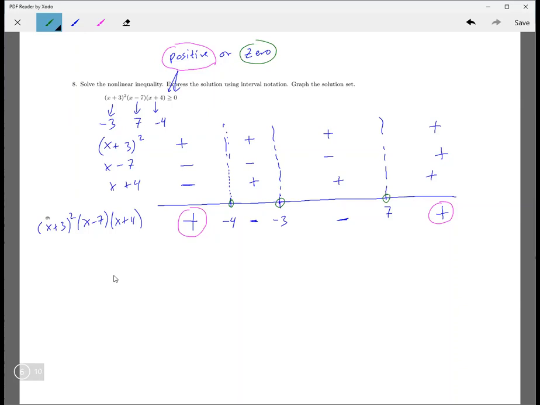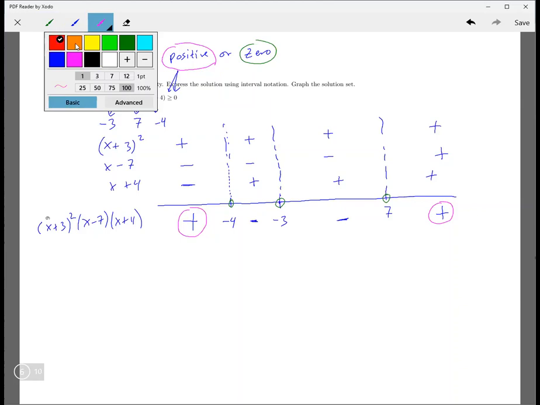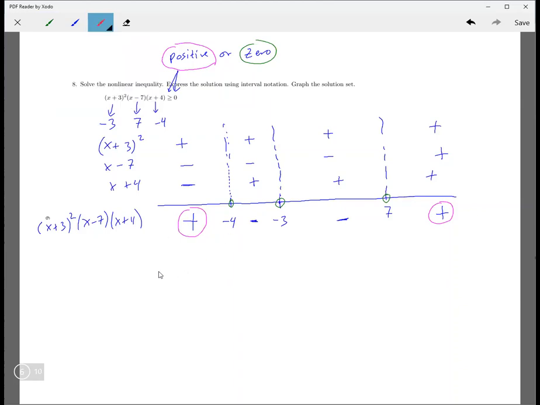And so x qualifies to be a solution if it's positive or 0. Okay, so that means the answer is going to be negative infinity to -4, including the -4.